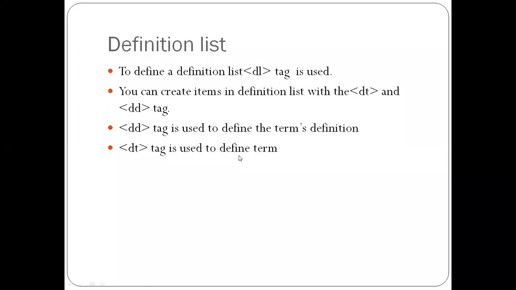So how does the syntax of definition list come? DL, then DT, and then DD. Okay, so that is the end of three types of list. Now we will see the programs on this list: unordered list, ordered list, and definition list.